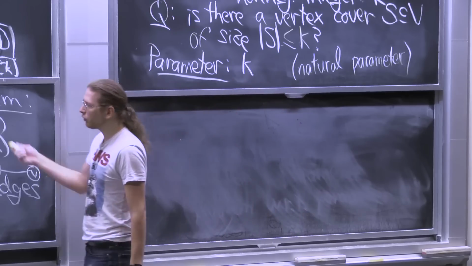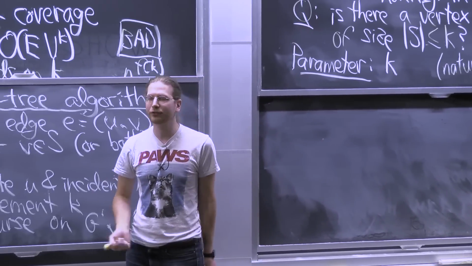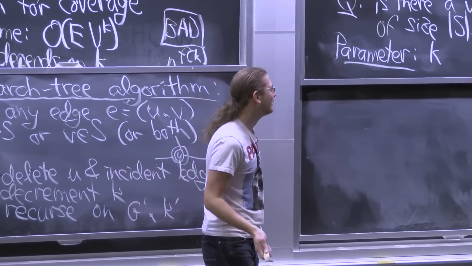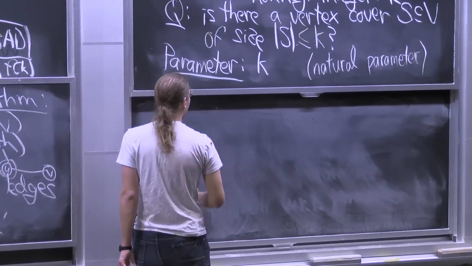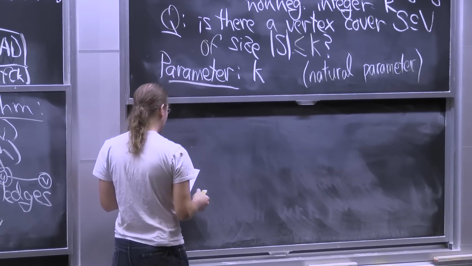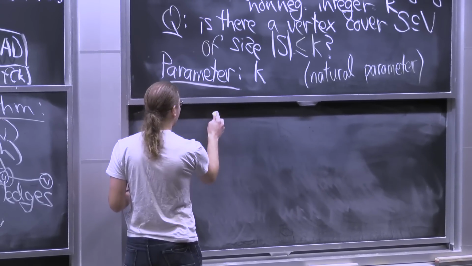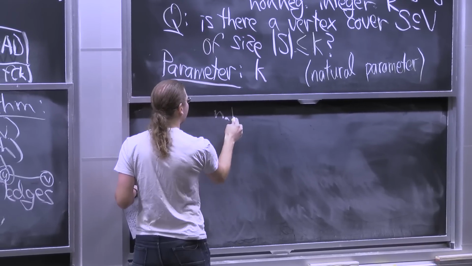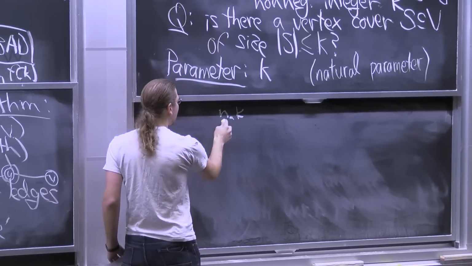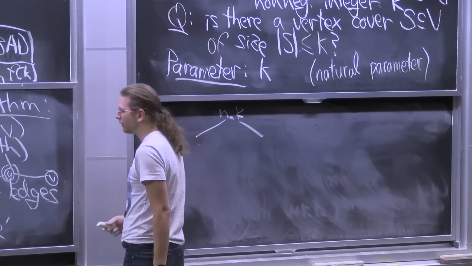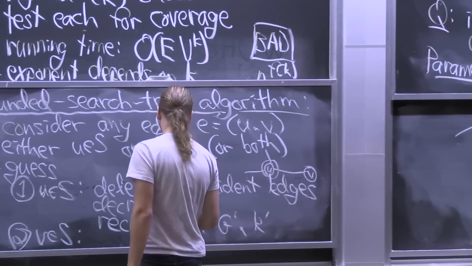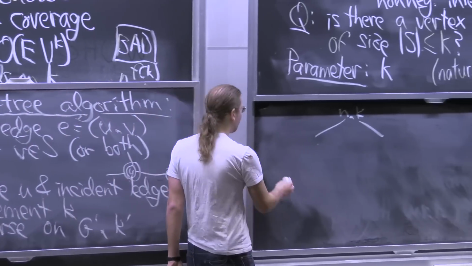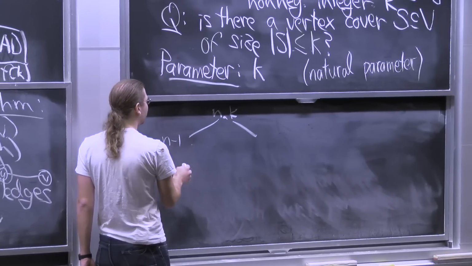So if I draw a recursion tree, this is a divide and conquer algorithm in a very weak sense. We start up here with a problem of size n and a parameter k, and we make two recursive calls. We deleted a vertex and maybe some edges, so let's say we have a new problem of size something like n minus 1.